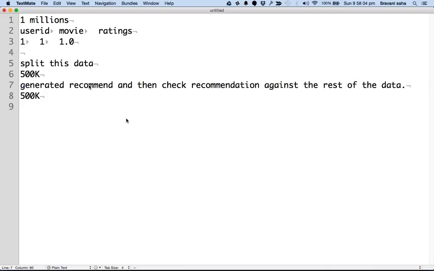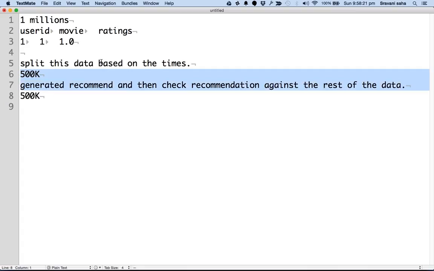Based on the first set, you will generate the recommendation and then compare those recommendations against the remaining. And the way you will split this data will be based on the timeline.